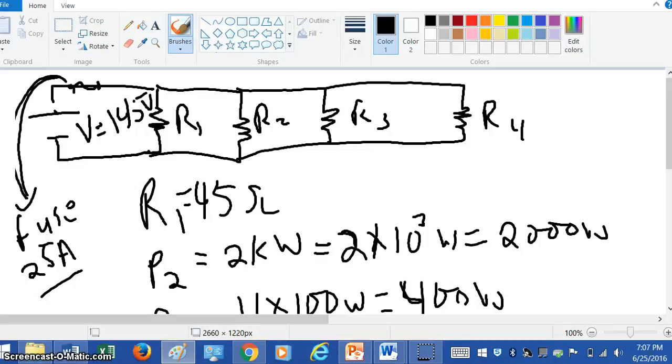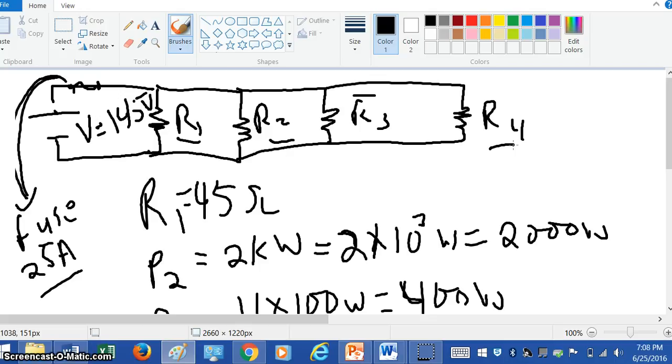Okay. All right, so I'm going to try to get this done quickly. What we're going to do is figure out how much current each device is drawing. How much is R1 drawing? How much is R2 drawing? How much is R3 drawing? How much is R4 drawing? And then we're going to add all four of those together. I only have a few minutes to do that.